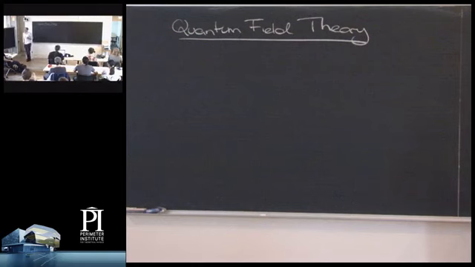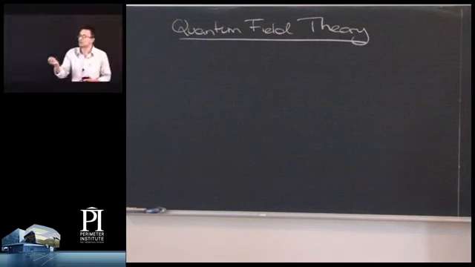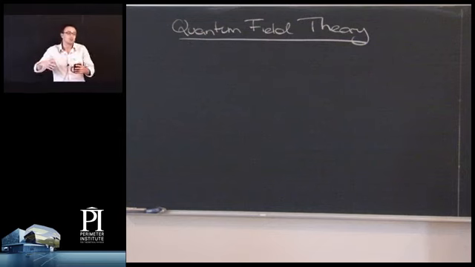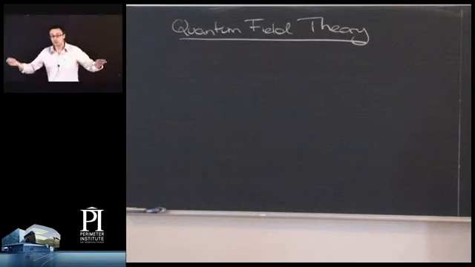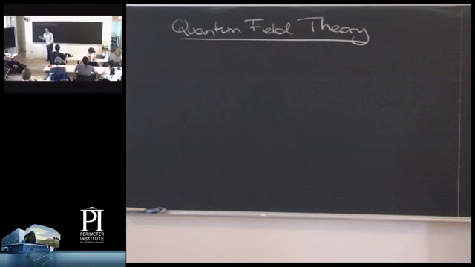OK, so how are we going to reconcile this? Well, there are two different options that you could envisage. You could imagine that it's the particles that are fundamental. So maybe it's the photons that are the fundamental object, and if you pack enough of them together, that's what gives rise to what we call the classical electric and magnetic fields. That's one possibility. The other possibility is that it's actually the field that's fundamental, and that when you quantize the ripples of a field, that's what gives rise to particles. Now, it turns out that both of these viewpoints have some validity, but it's certainly fair to say it's the latter viewpoint which has been the most useful.